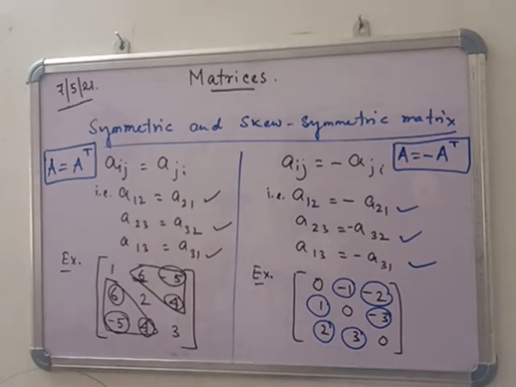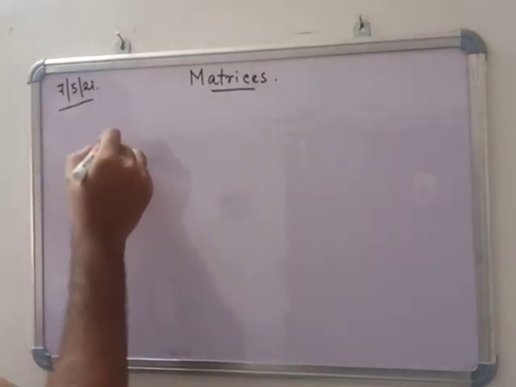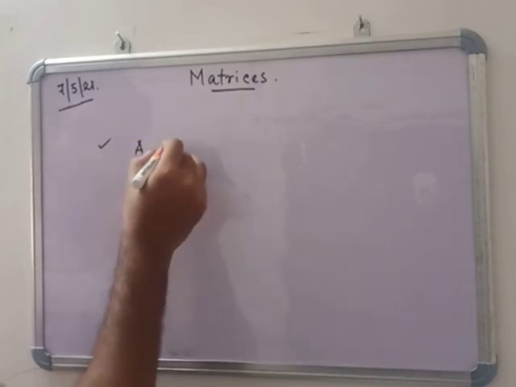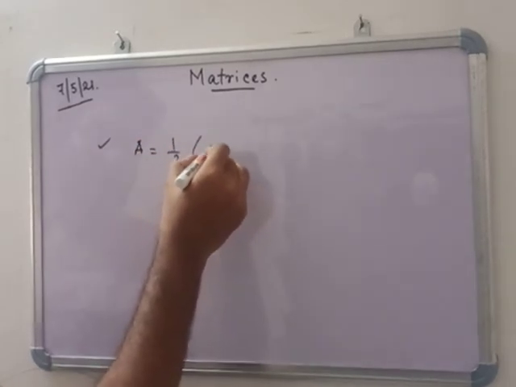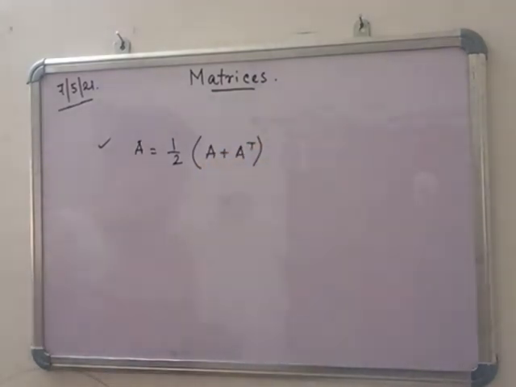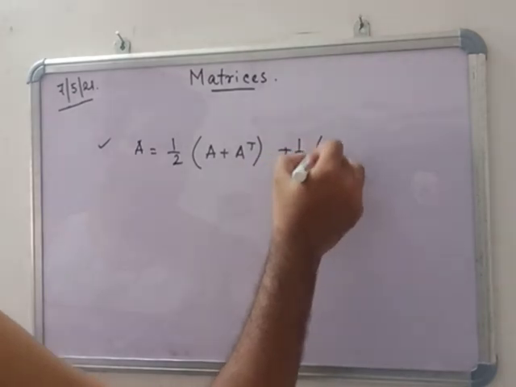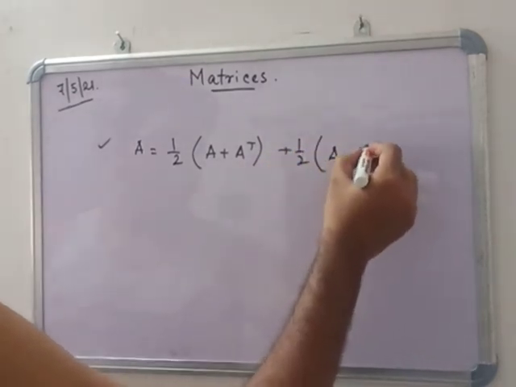Now, one important property or theorem is A equals half of A plus A transpose plus half of A minus A transpose.